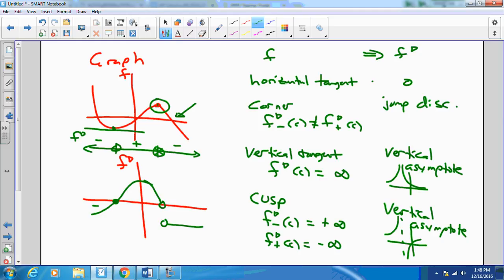Notice that now we know about concavity, we can check our derivative a little bit. Check this out. Notice that f is concave up all the way from here to here. Therefore, I expect f prime should be increasing all the way from here to here. Look at that. It is. Cool.